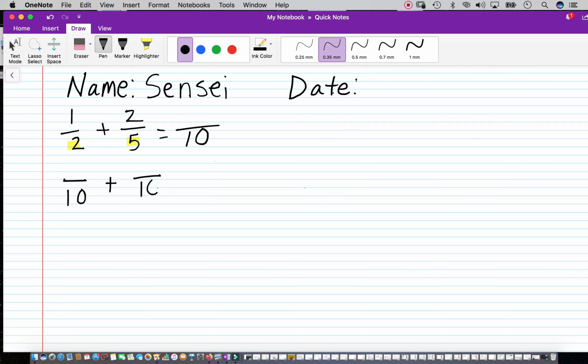Okay, so now I'm going to start with our first set of fractions. For our denominators, how did I go from 2 to 10? So 2 times what gives me 10? 2 times 5. I'm going to take that 5 and multiply it by my numerator. So 1 times 5 gives me 5, good. Now, 5 times what gives me 10? 5 times 2, good.